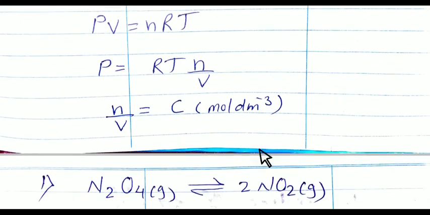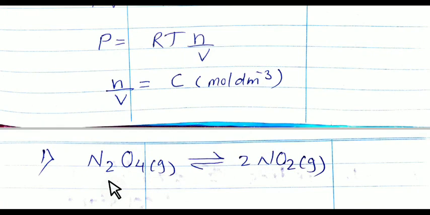That covers the ideal gas equation, the formula of pressure at constant temperature, and the formula of concentration. Further, let us take an example of dinitrogen tetroxide, N2O4, which gives nitrogen dioxide, NO2. Remember, N2O4 is a colorless gas and NO2 is a brown gas.